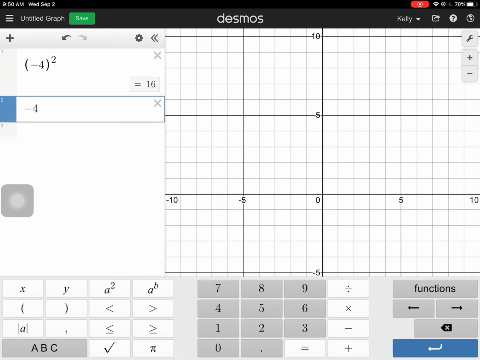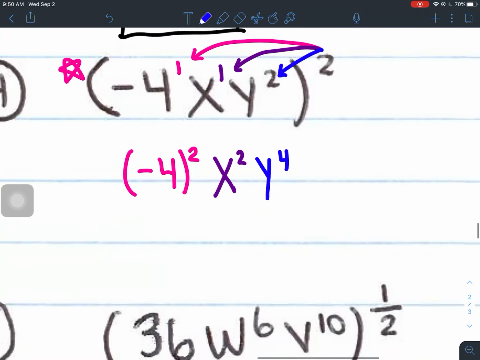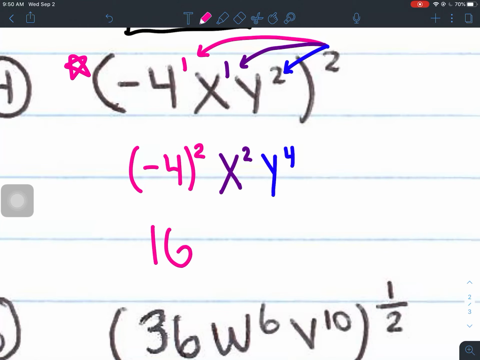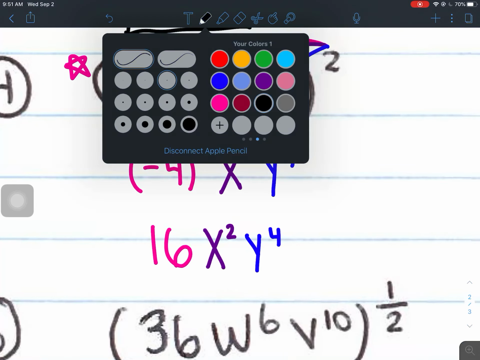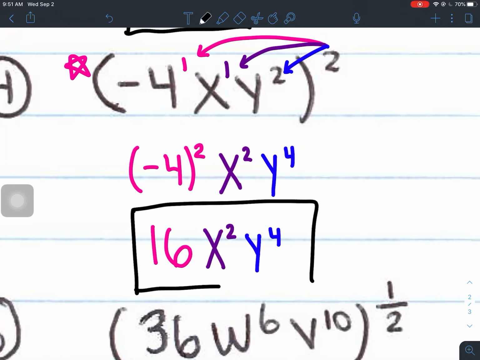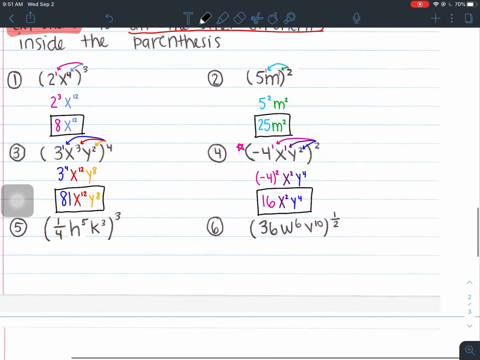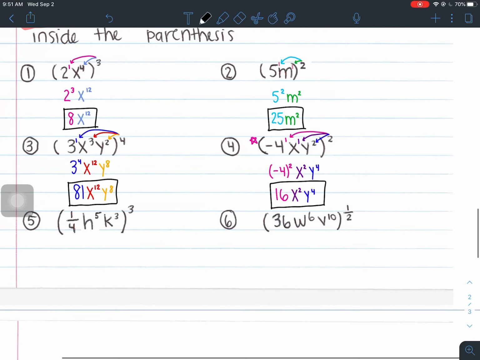Again, what happens if I don't have the parentheses? I get negative 16. So remember, -4 times -4 is positive 16. So you want to make sure you get the right answer when you do this. So this would be positive 16, x to the second, y to the fourth. So that would be my final expression for number 4.